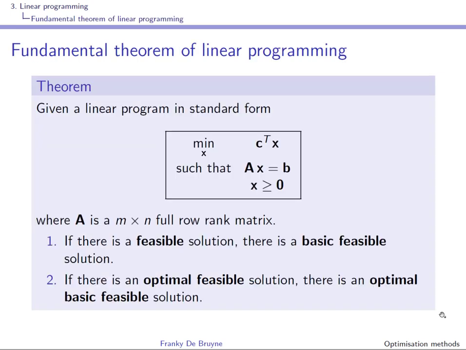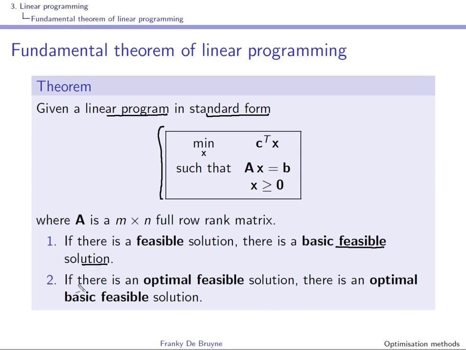Now that we are familiar with the concept of a basic solution and a basic feasible solution, it's time for the fundamental theorem of linear programming. So we're given a linear program in its standard form, and by now this form should be familiar, right? This theorem says that if there is a feasible solution to this linear program, there is also a basic feasible solution.